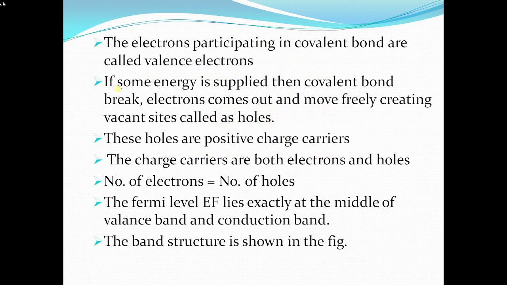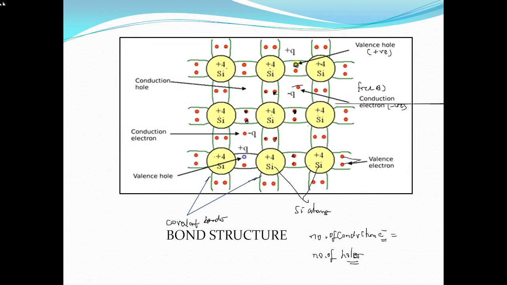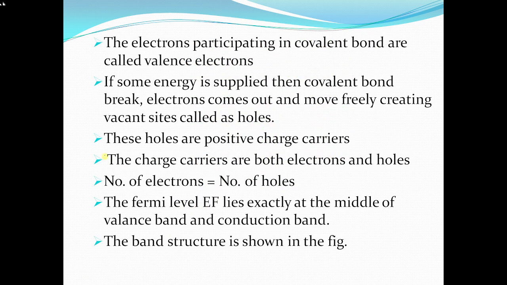Next, if some energy is supplied, then the covalent bond breaks and the electron comes out and moves freely, creating a vacant site, which is called a hole. So when an electron comes out, it leaves a vacant space, which we call a hole. The holes are positive charge carriers. Here the charge carriers are both electrons and holes, because the number of electrons is equal to the number of holes.